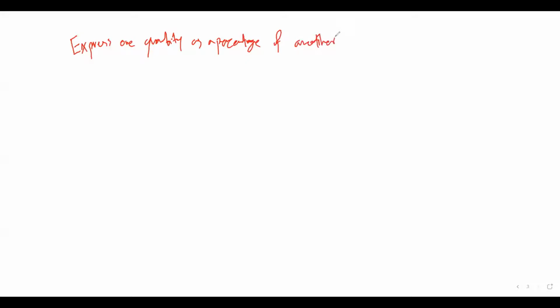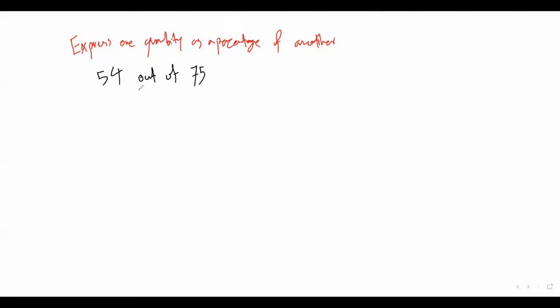So what does that mean? Let's give you the example of the classroom again. And we have a girl in a classroom which scored 54 out of 75. They're asking you to express the result as a percentage.